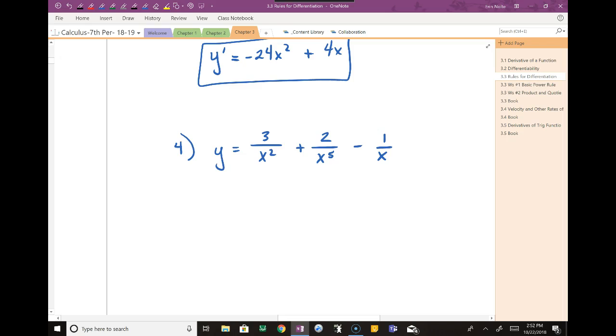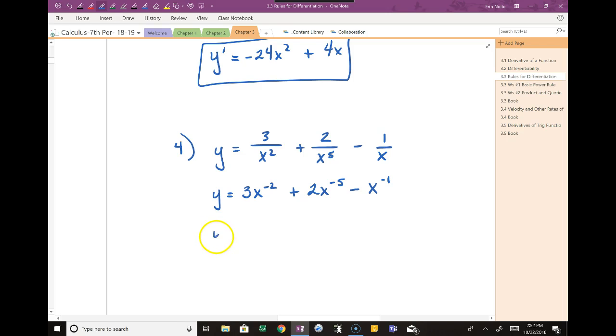I have to start by rewriting this. I can't work with x's in the bottom. So when I pull them up, how do I rewrite them? As a negative exponent. So this becomes 3x to the negative second plus 2x to the negative 5th minus x to the negative first. And now it's in a basic form, and I can use the power rule.